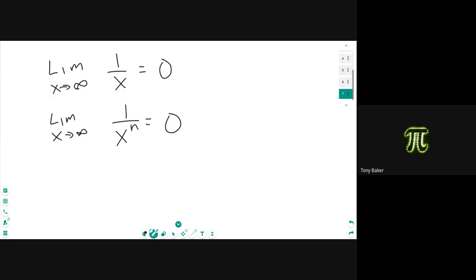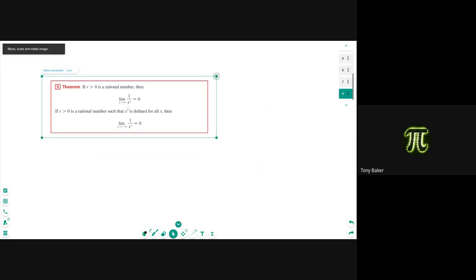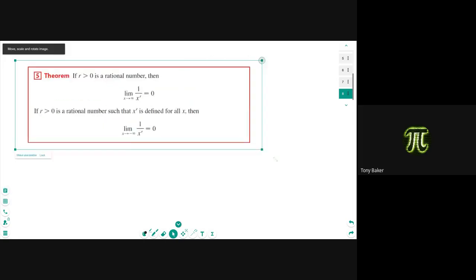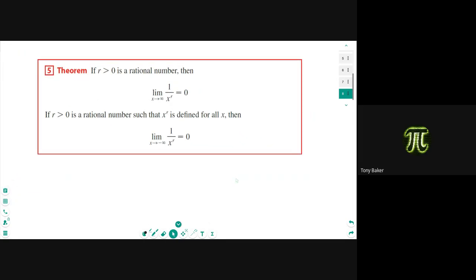So here's the official theorem. No matter what the r is, as long as r is greater than 0, the limit as x goes to infinity or as x goes to negative infinity goes to 0, which is what we just did. That's just the official written out explanation.